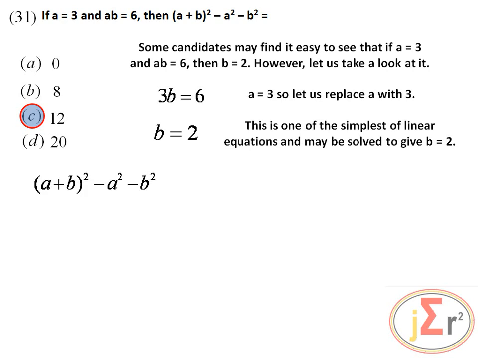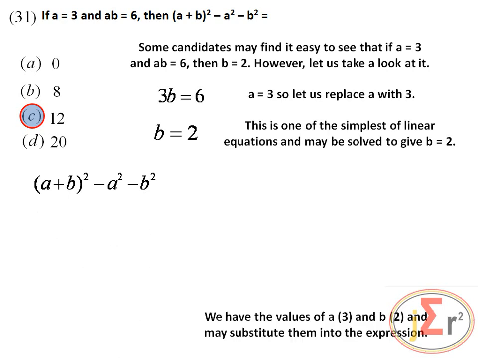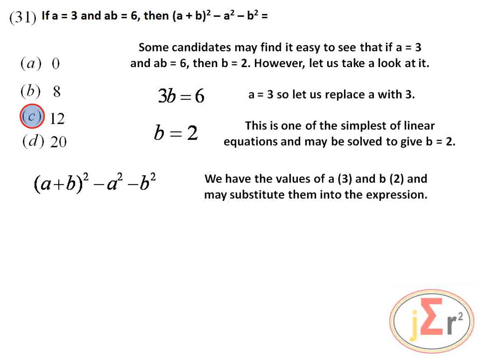(a + b) all squared minus a squared minus b squared, that is our expression. We have the values of a, which is 3, and b, which is equal to 2, and we may substitute them into the expression.